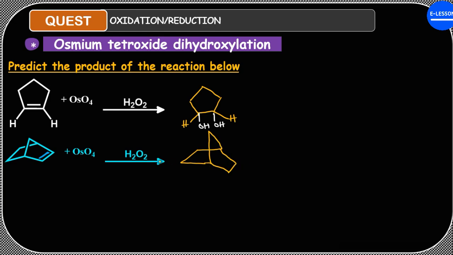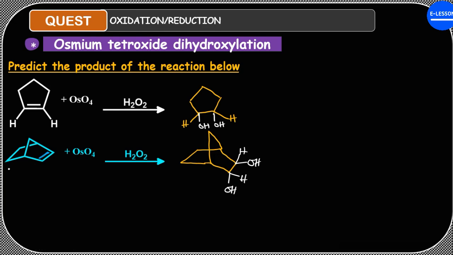Now, at this point in time, this double bond will break, and then you have the 2 OH groups attached to this part. So you have, let's say, this is OH, hydrogen, this will be OH and hydrogen. So this is the product of this reaction, depending on the stereochemistry of the initial alkene.